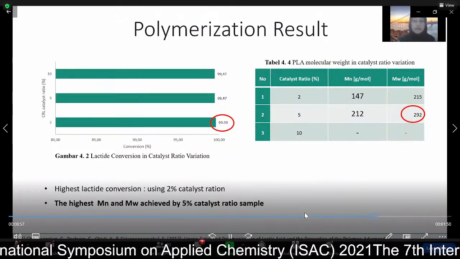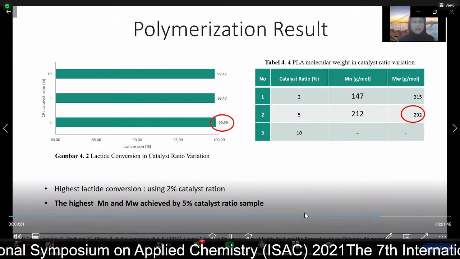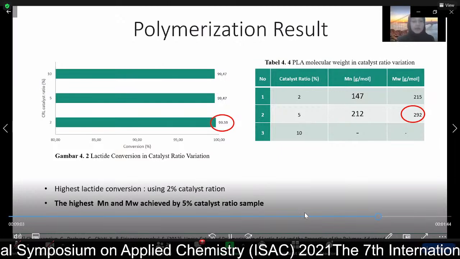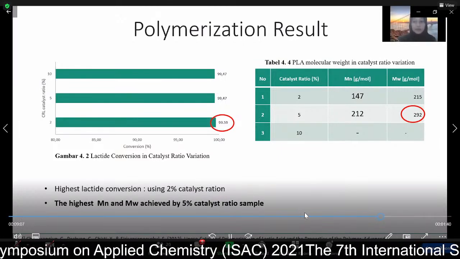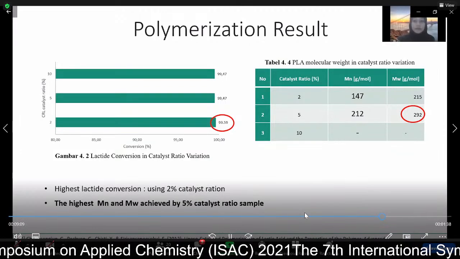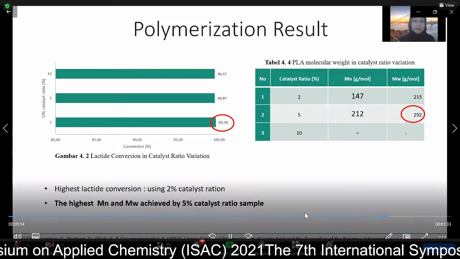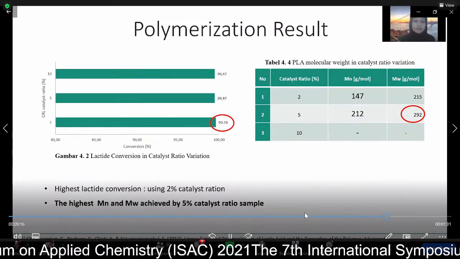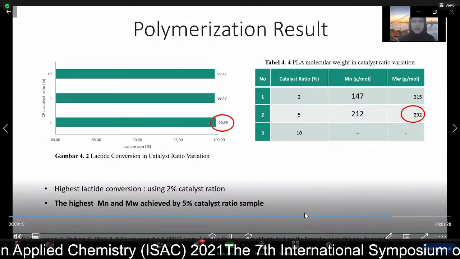On the other hand, some other studies show that the larger the catalyst ratio used, the lower the value of the polymer. From this statement, there should exist one optimum point for the catalyst ratio. In the beginning, the additional enzyme ratio can increase the catalytic activity until it reaches the optimum point.